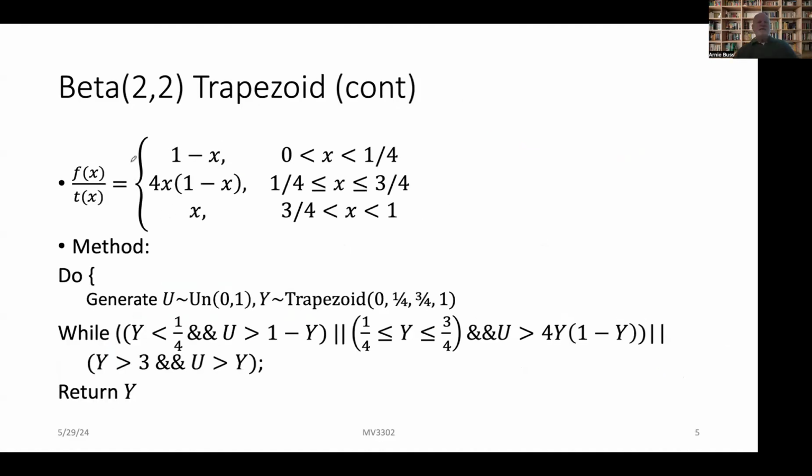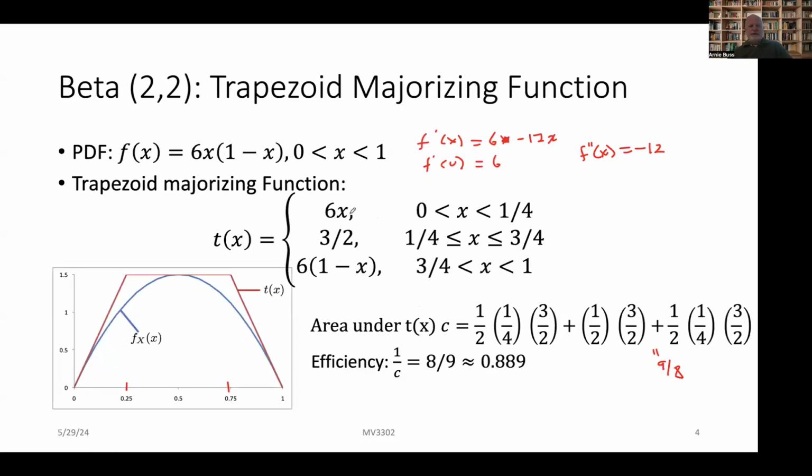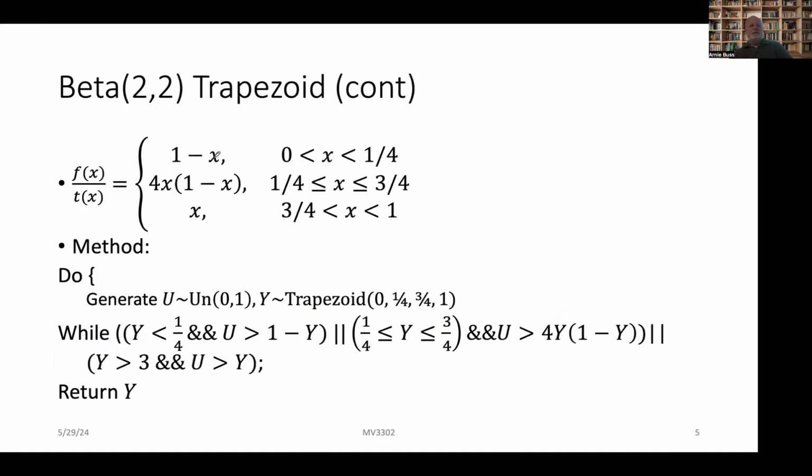So as the first cut, we look at the ratio, and it turns out to be these three. Just as a check, 6x is our majorizing function in the range between 0 and 1/4. And so 6x times 1 minus x over 6x, the 6x's cancel out, and we're just left with 1 minus x.